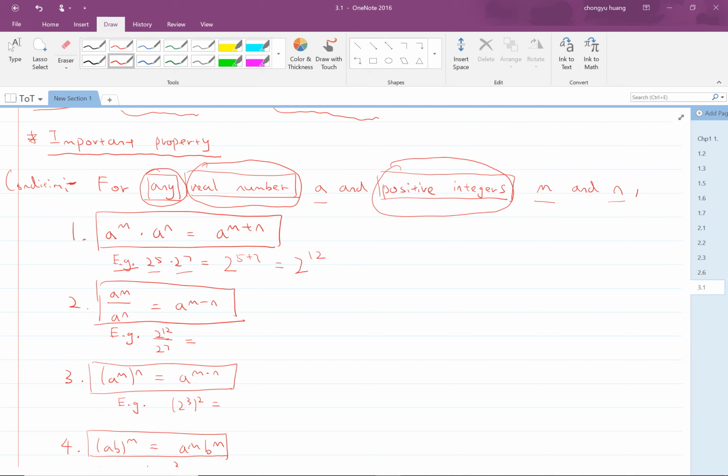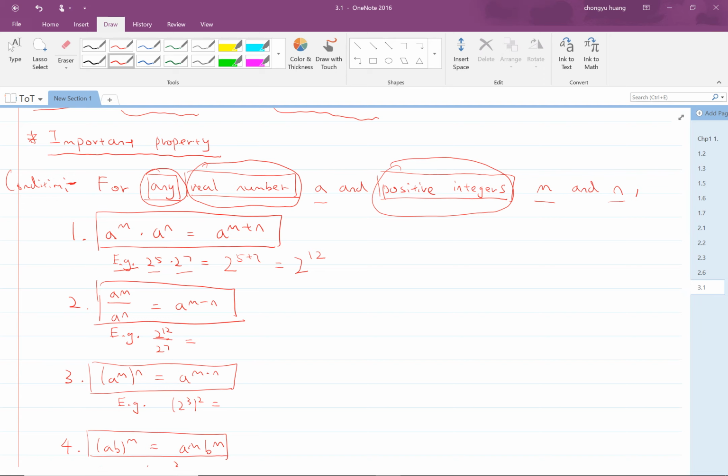Let's look at property 2. What we have over here is a to the power m over a to the power n is equal to a to the power m minus n. The example is 2 to the power 12 over 2 to the power 7.